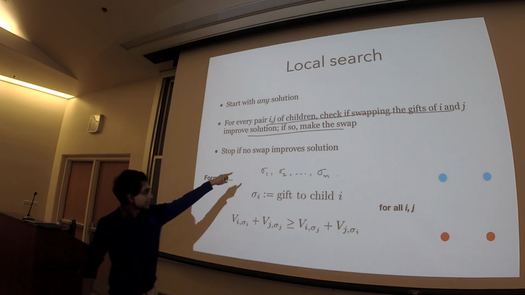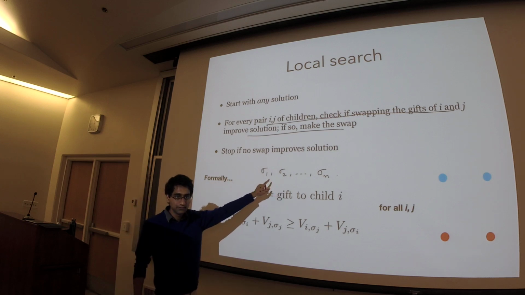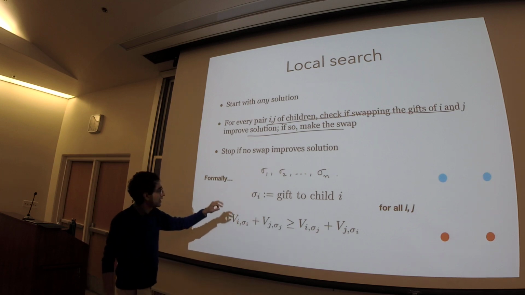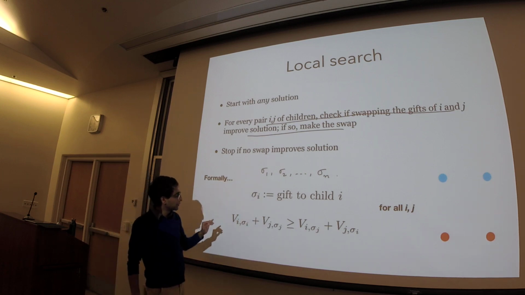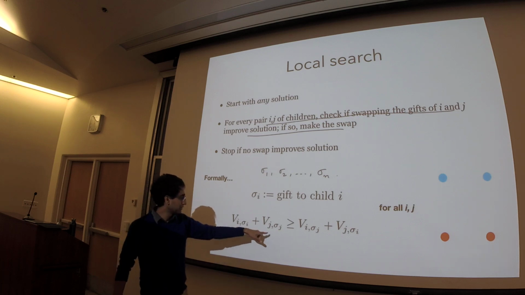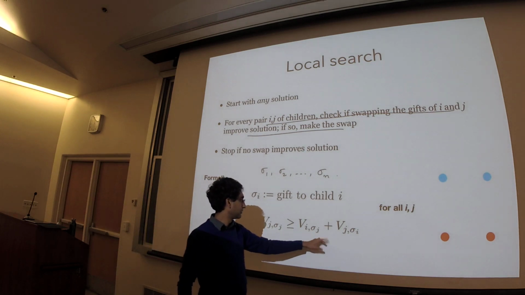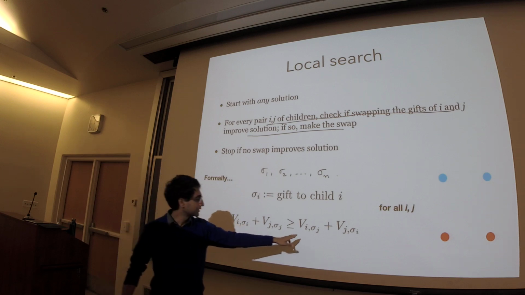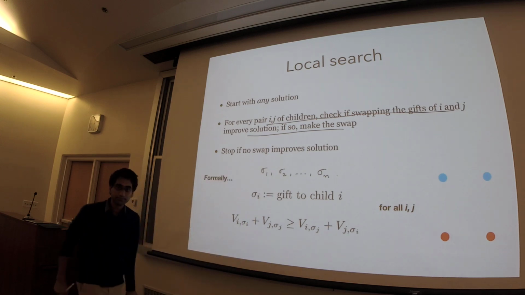Sigma I represents the gift to child I. This is how you express a solution. And this solution sigma is said to be locally optimal if you have this condition: the value of I to sigma I plus j to sigma j is at least what you get from swapping. This is the objective value when you swap.